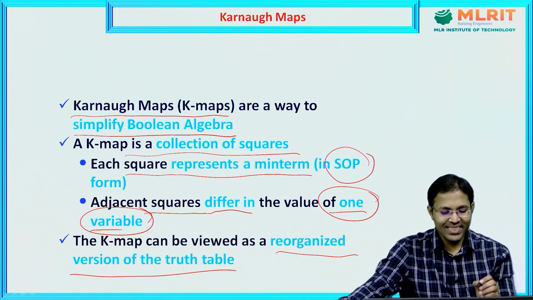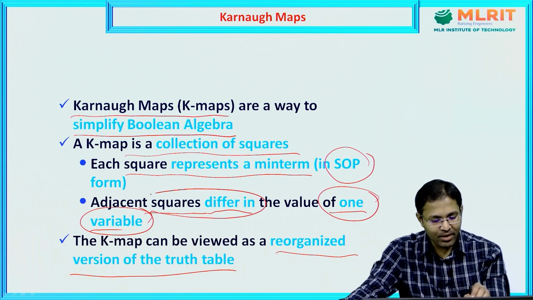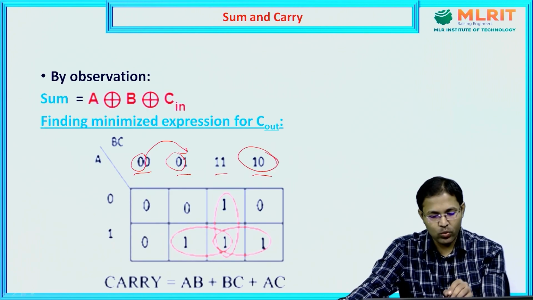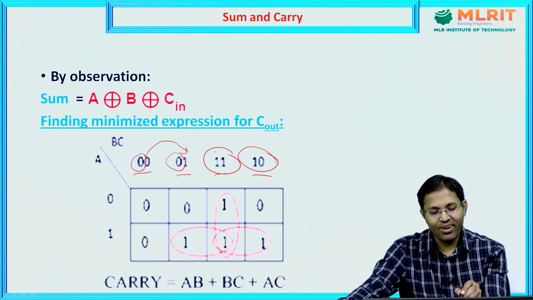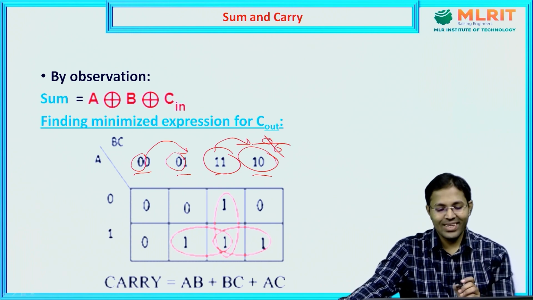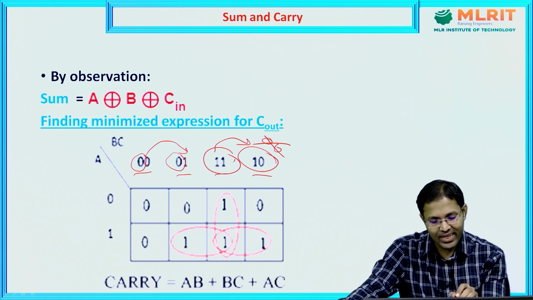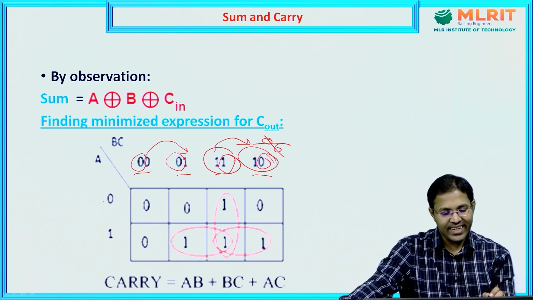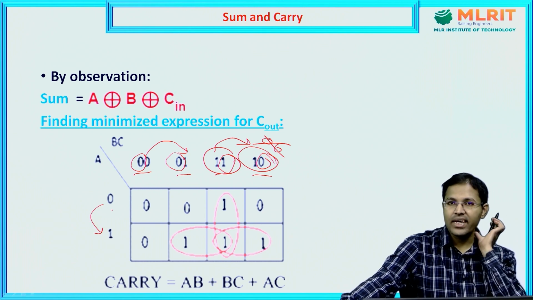Adjacent squares differ by one variable. Now let's compare any two. It is not that 1 1 is changing to 0 0. No, 1 1 is changing to 1 0. So there is only one bit change. Analyze any two adjacent boxes anywhere, they have only one bit change.